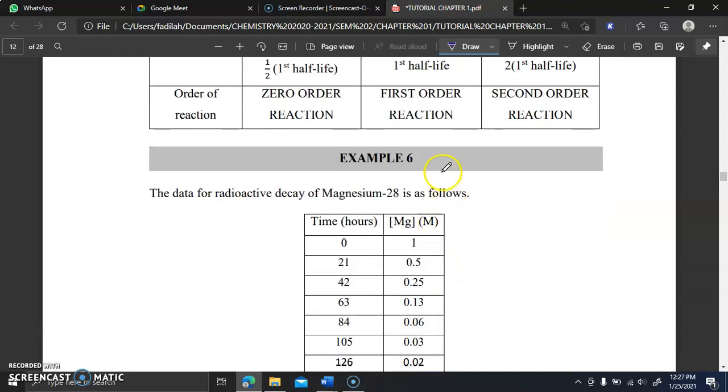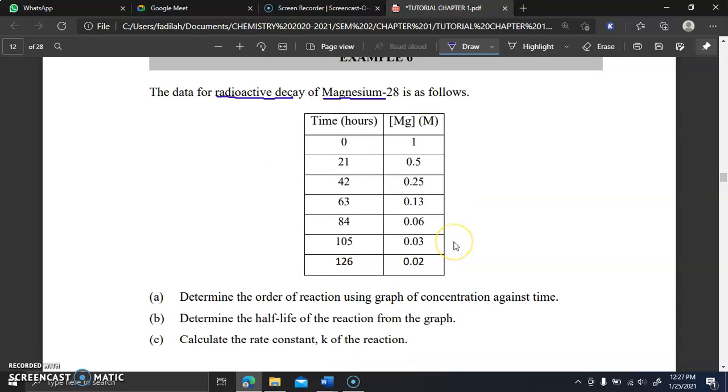Okay, so now kita focus on example 6. For example 6 class, we are given the data for the radioactive decay of magnesium 28. The data give you time, which is in hours. So kita akan follow time yang diberi dalam soalan. You were given time and also the concentration of the reactant, which is the magnesium 28, in molar.